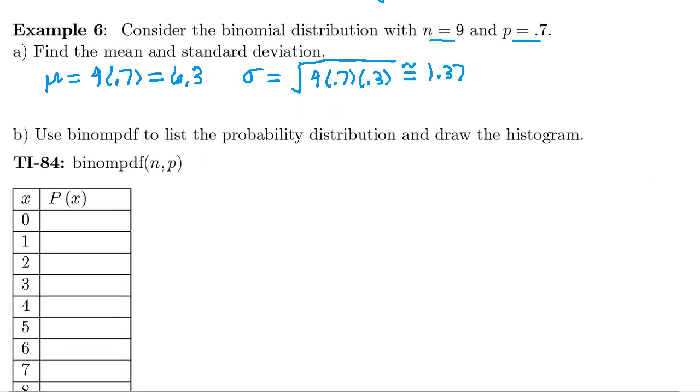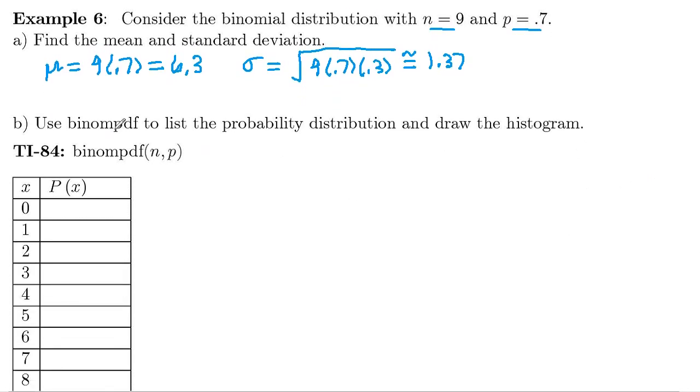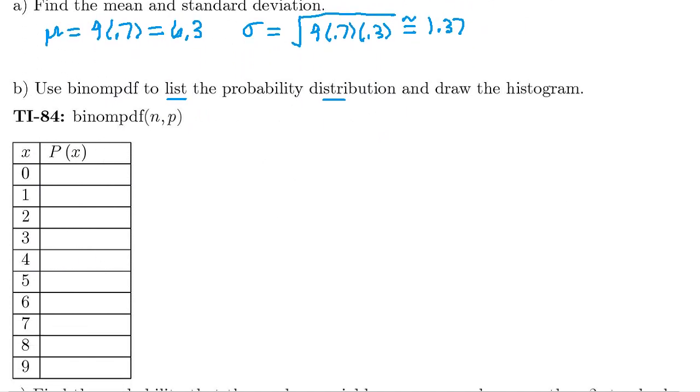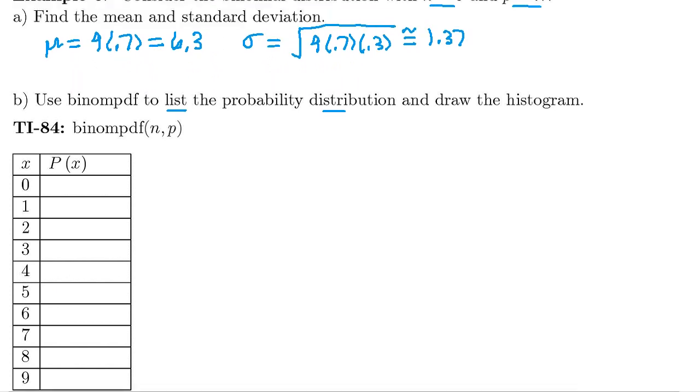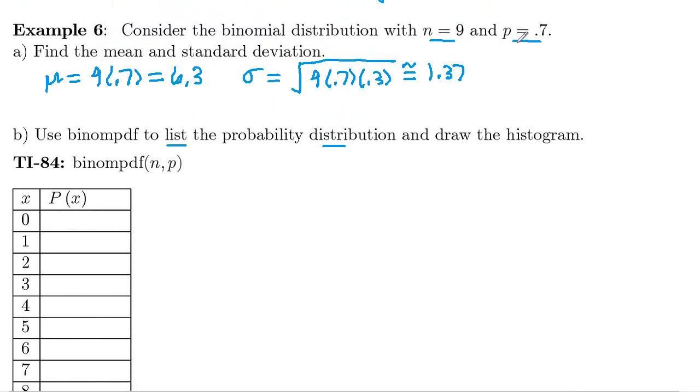So now for this distribution, let's use the binomial PDF function to list the distribution. The distribution, remember, is just the table of x versus the probability of x. Remember here n is 9 and p is 0.7.